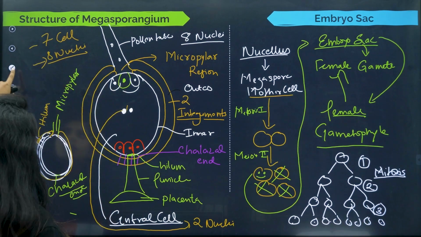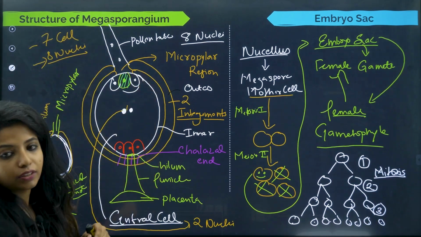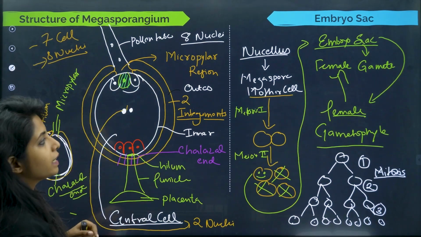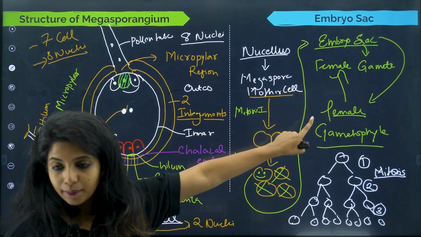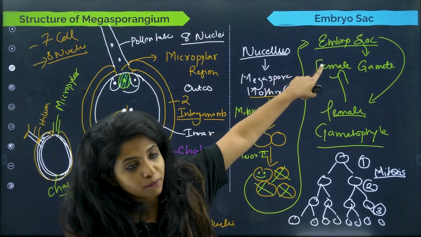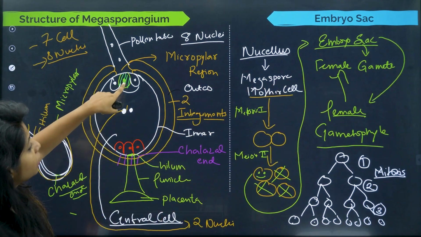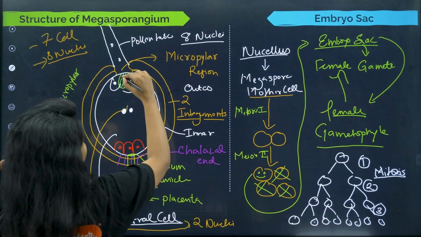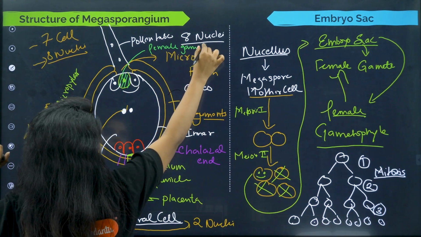And over here, the green one that you see in the middle, this, children, will be the female gamete. So I said one among them will be able to form the female gamete, right? So this is going to form the embryo sac, and at the end of this you get one female gamete over here, just one female gamete.